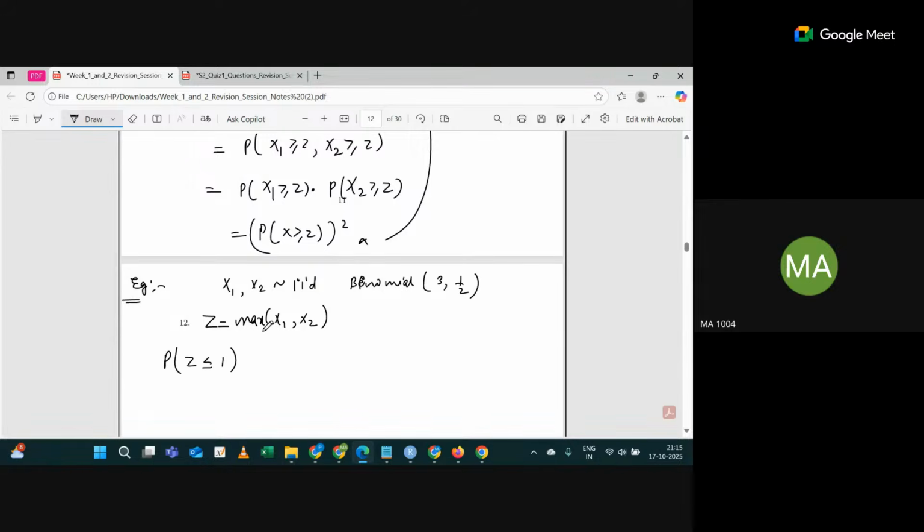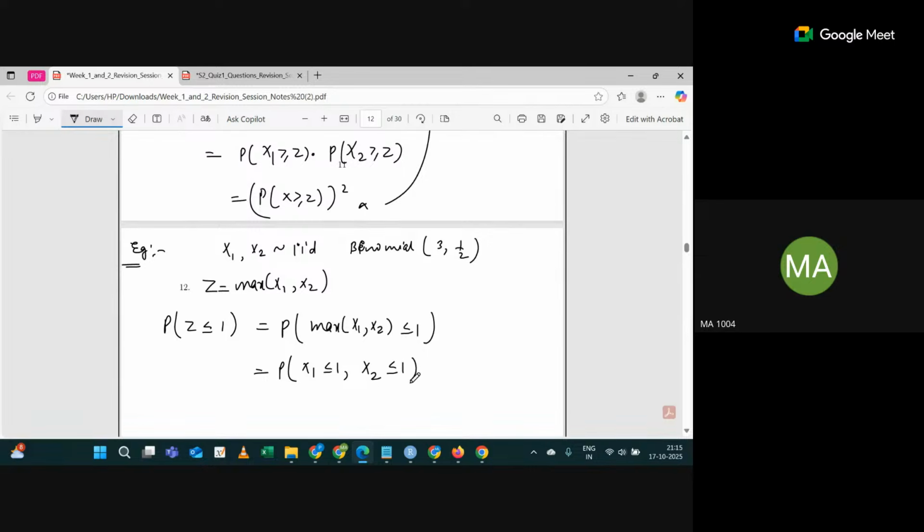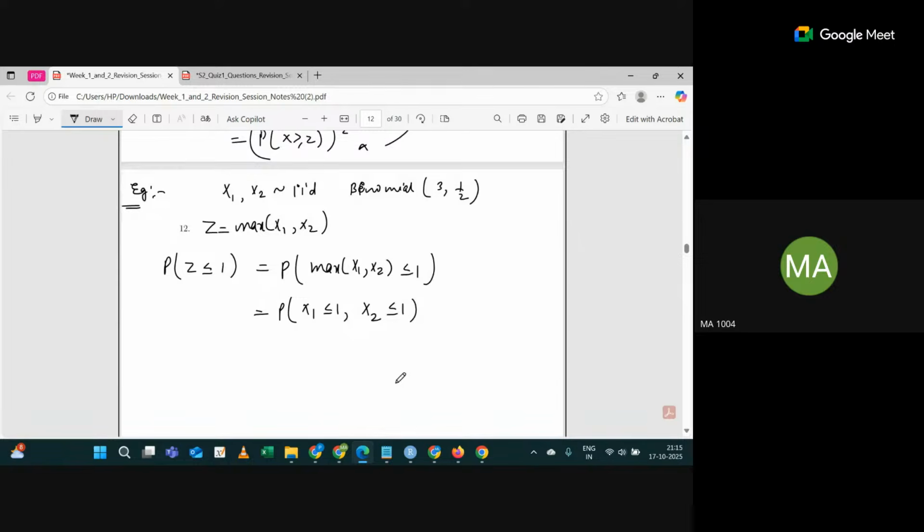Since this is a maximum problem and you have been asked less or equal to 1, things are in our favor, as it's already in the less or equal to sign. So can I write maximum of x1 comma x2 is less or equal to 1, and then x1 is less or equal to 1 and x2 is less or equal to 1? What should be my next step?